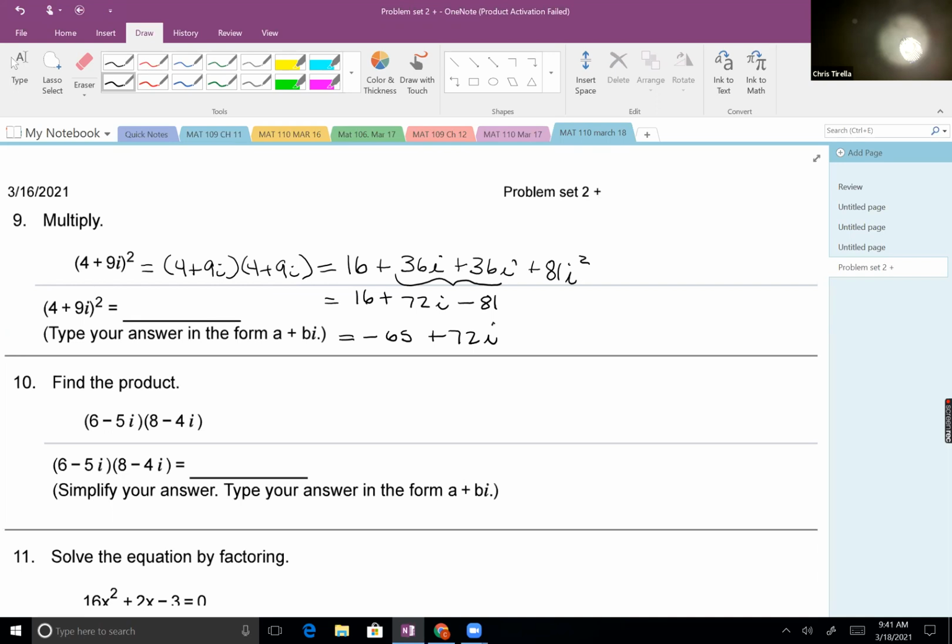And again, the next one asks us to multiply two complex numbers. Then you have to either do repeated distribution or box or FOIL to get that product. And so I'm going to be quiet for a minute and ask you guys to multiply that one.